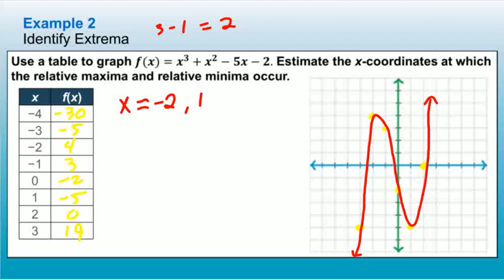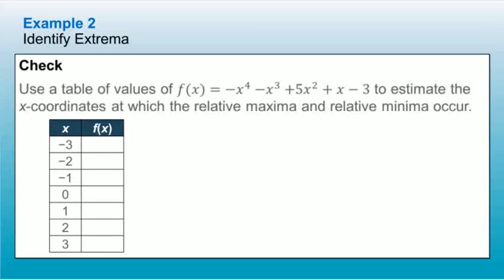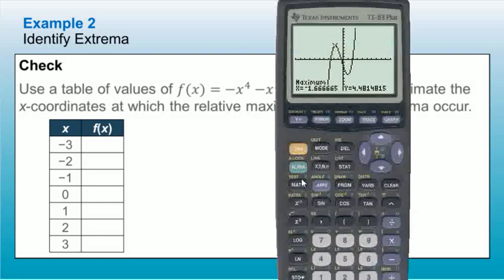Moving on to our next example. Let's use the table of values of this function to estimate the x-coordinates at which the relative maxima and relative minima occur. So again, let's put it on our calculator to come up with our table.